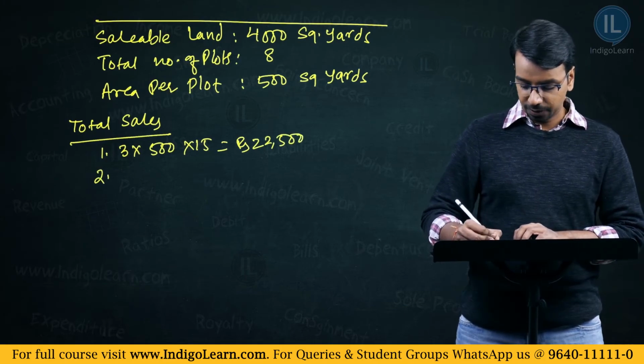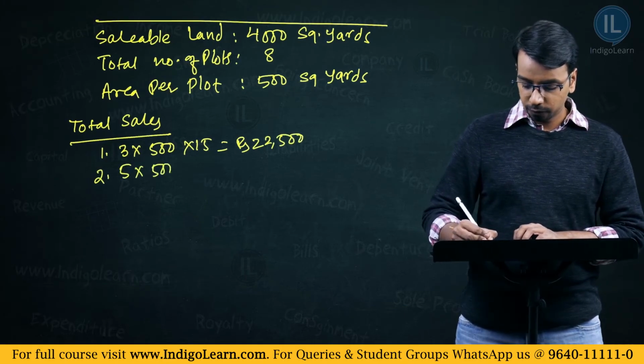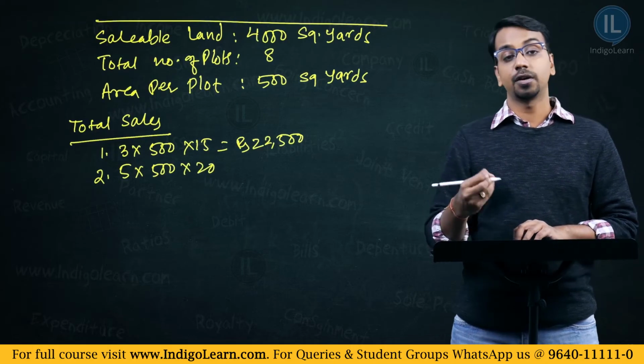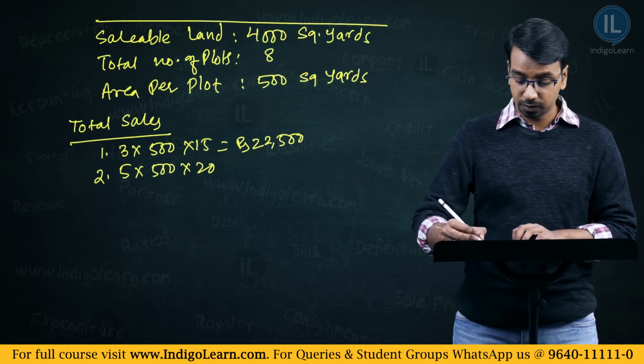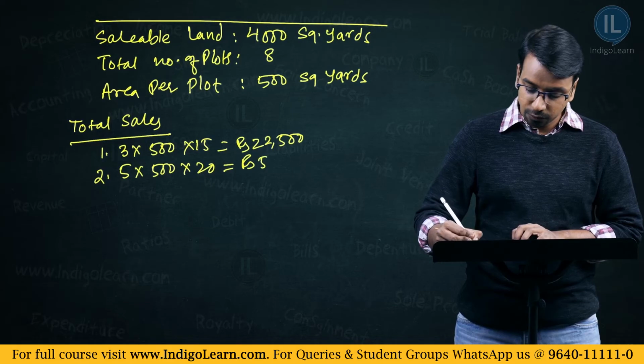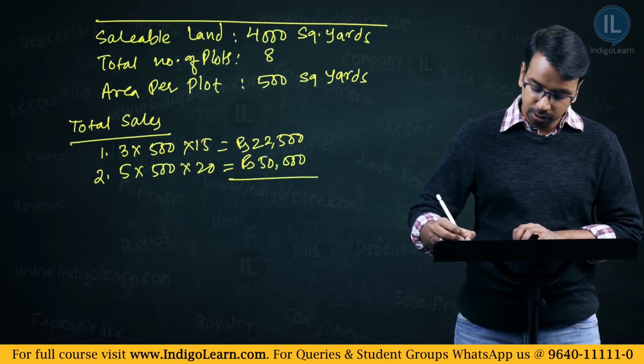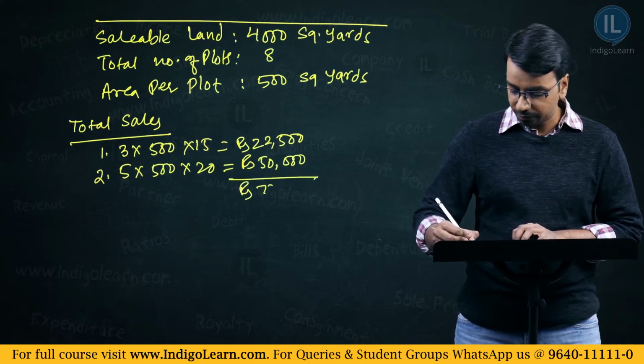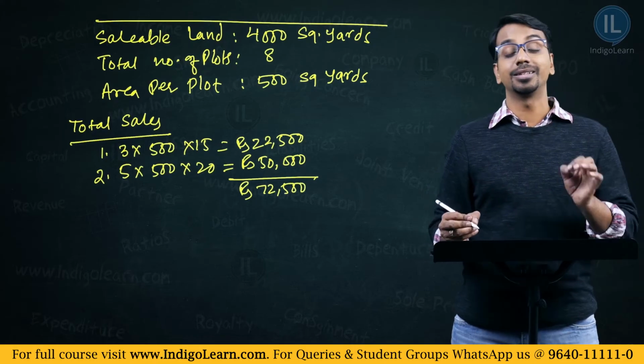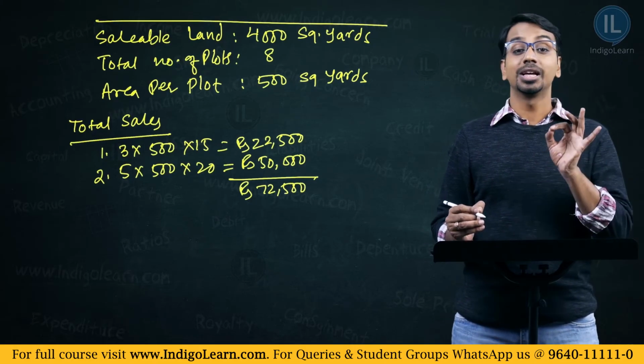And the second category, which is 5 into 500 into 20, 5 5s are 25, 25 into 20 is 50, which is rupees 50,000. So the total sales comes to rupees 72,500. This is the total sales value.